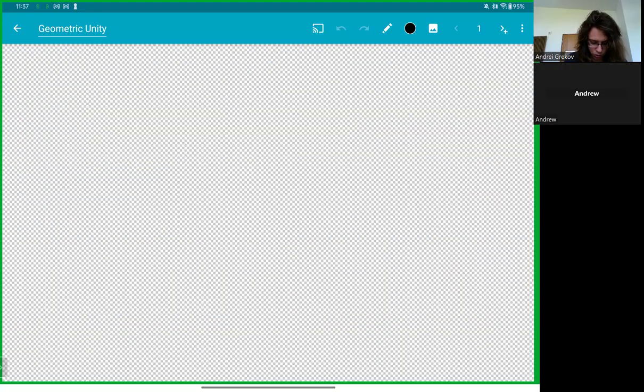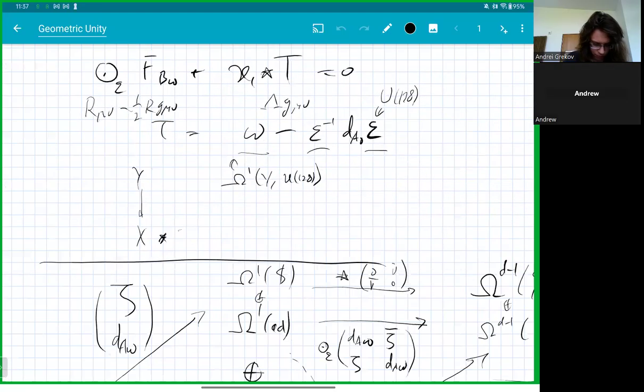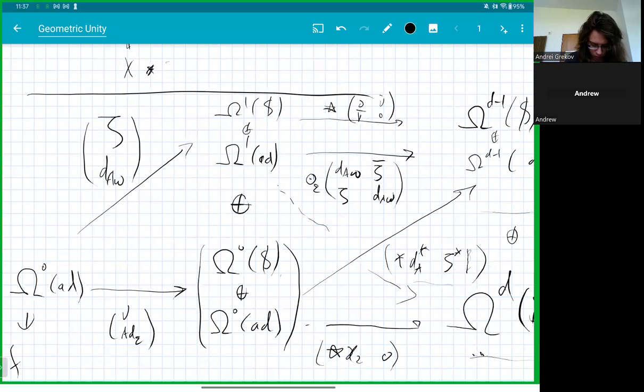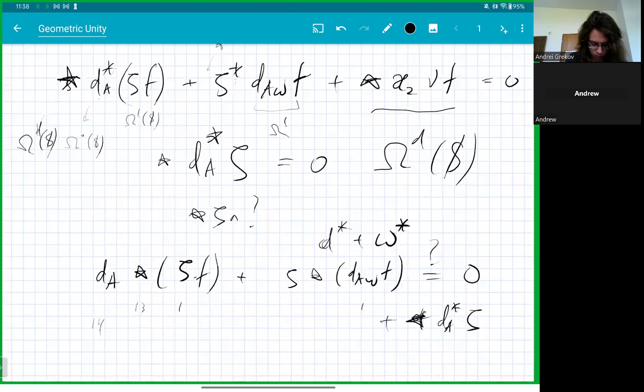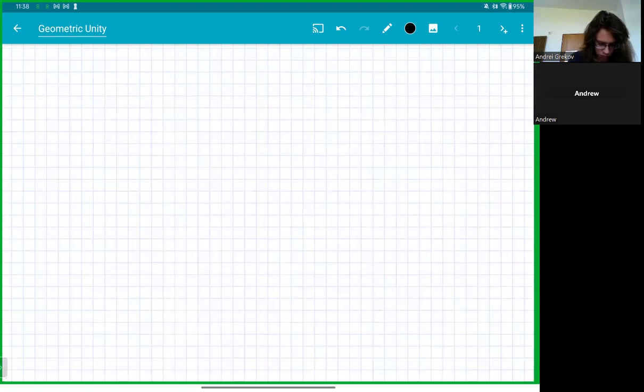That's what we tried to do yesterday. So yeah, we'll be working with this equation. Okay, let me rewrite it in a slightly different form.